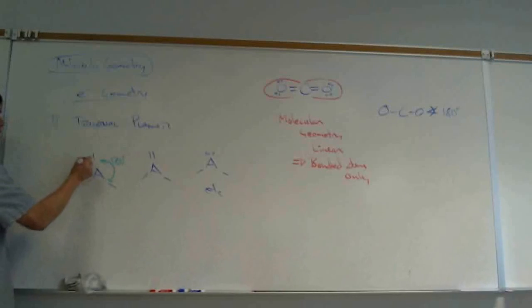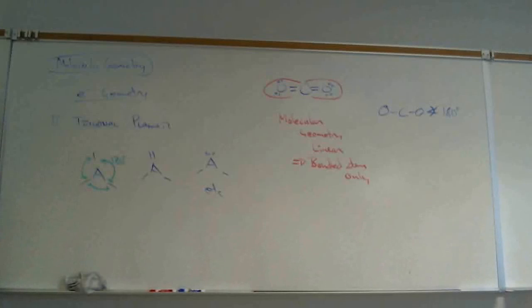Why is it 120? It's 120 to minimize the repulsions between electron clouds. Electron clouds have negative charge density, and so we try to minimize the negative repulsions by spreading them out in space as far apart from each other as possible.